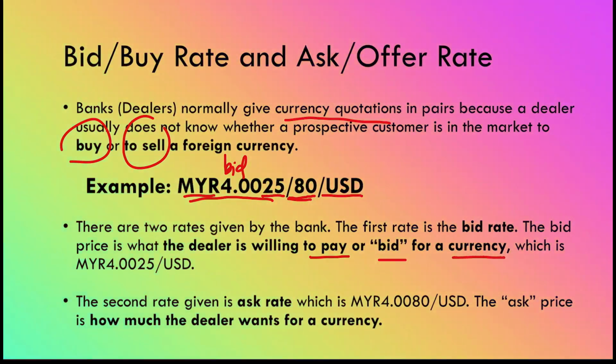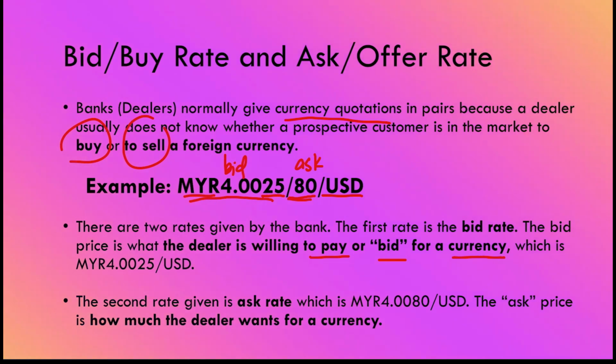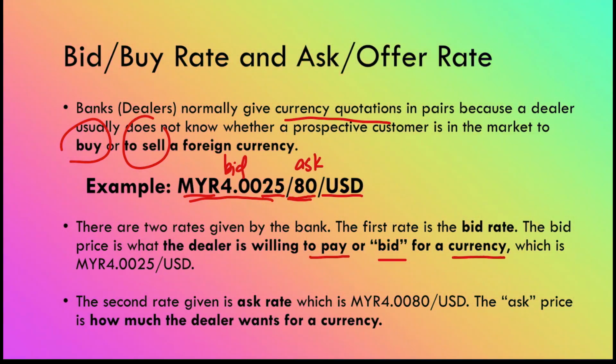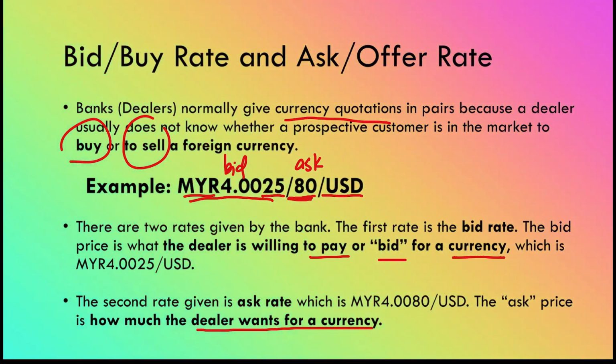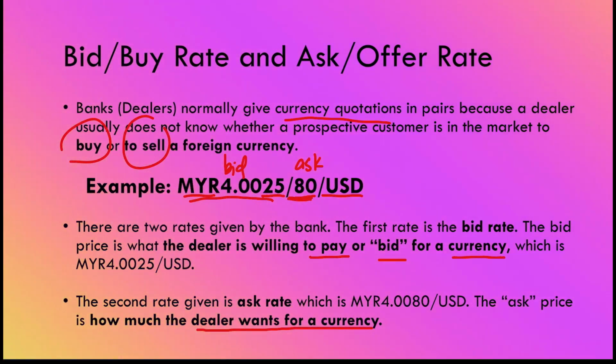The second rate is the ask rate, which is Malaysia Ringgit 4.0080. Okay, we just take 80 per US dollar. The ask price is how much the dealer wants for a currency, or in other words, the price that the dealer wants to sell this currency.